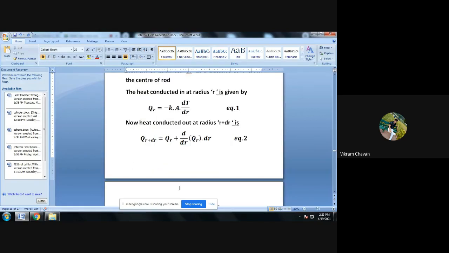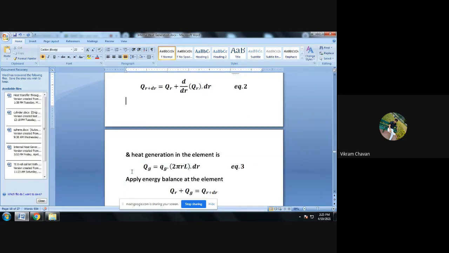And the last equation is heat generation in the element. Heat generation per unit volume per unit time is nothing but q suffix g.